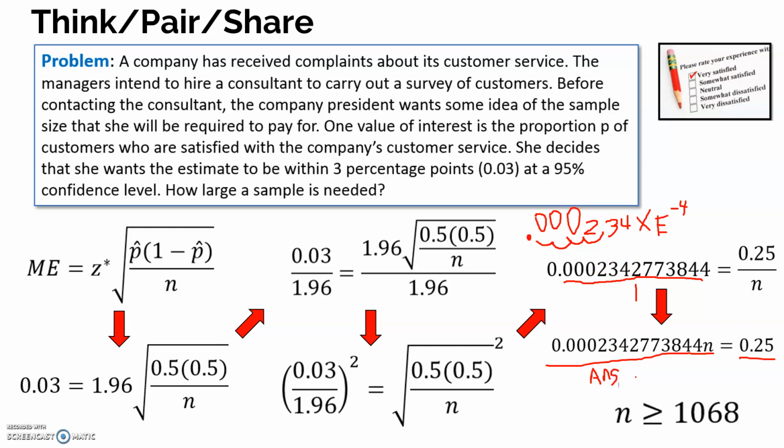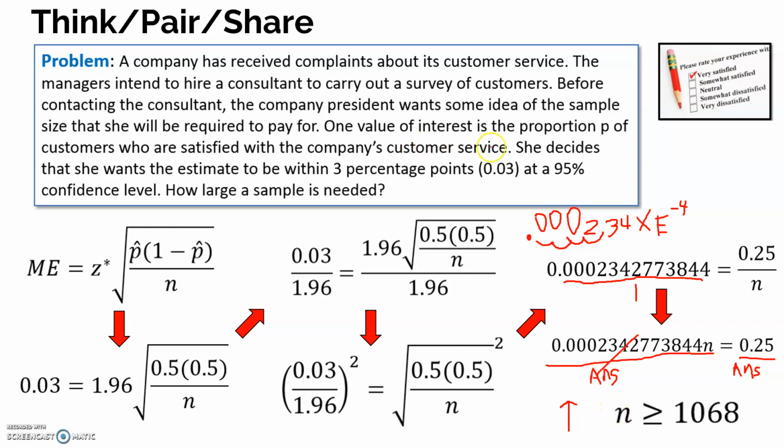And if you divide 0.25 by the answer that's stored on your calculator, you may not have to type this over again. This may be stored and ready to work. So 0.25 divided by the answer, which is this value right here, gives you 1067.11, I believe. And again, you're going to round up.